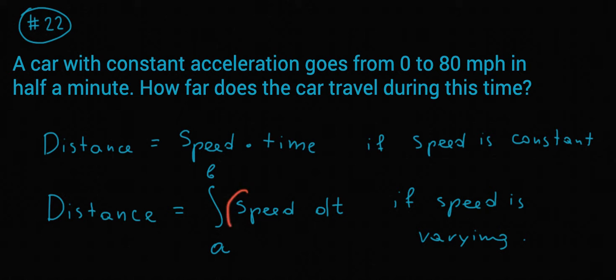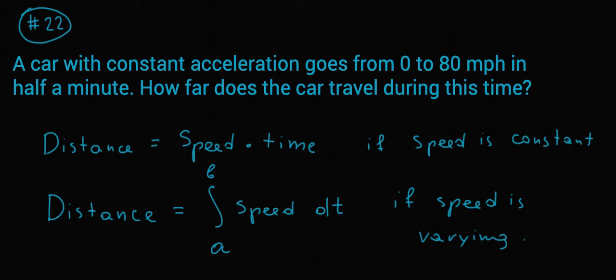Integrate the function that describes how speed varies with time, integrate the speed with respect to time over the time interval from a to b if we need to calculate the distance traveled on that time interval from t equals a to t equals b. Okay, so this is the formula that we will use to calculate the distance traveled by the car in this problem.